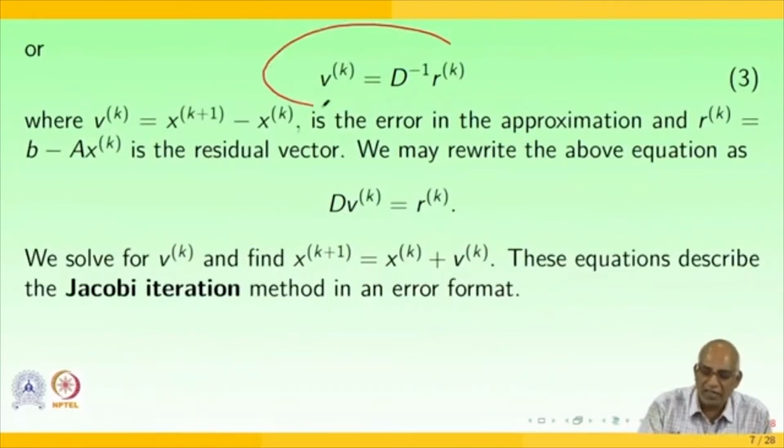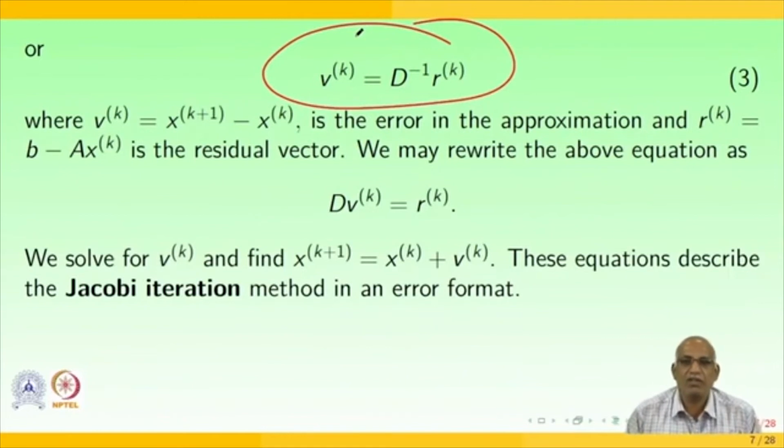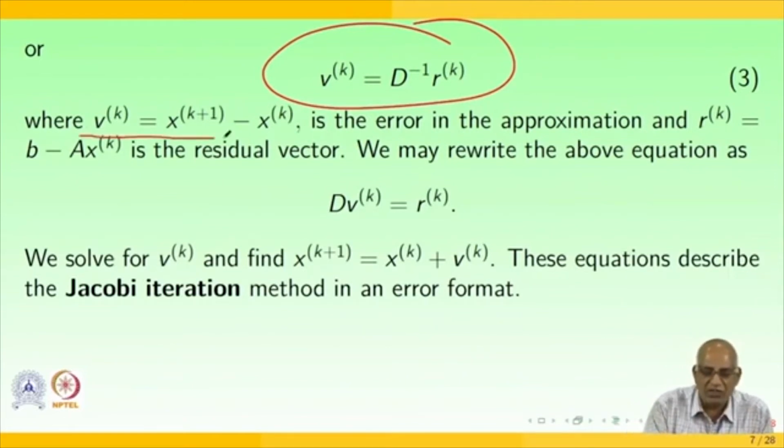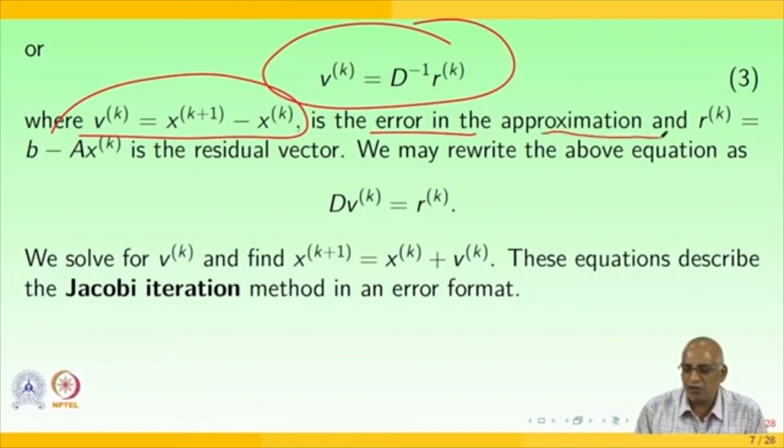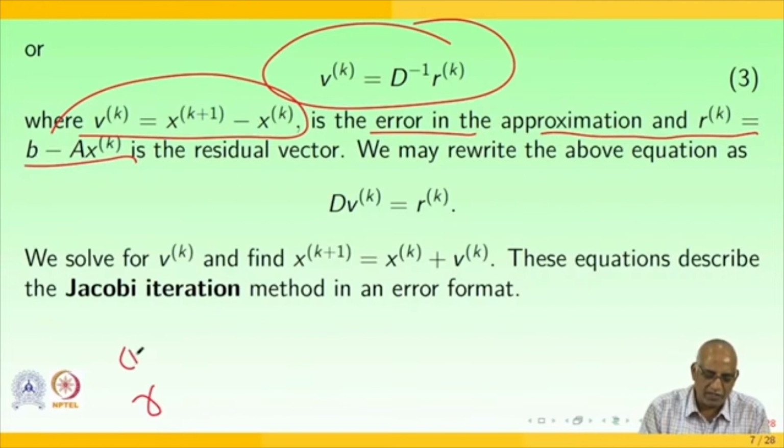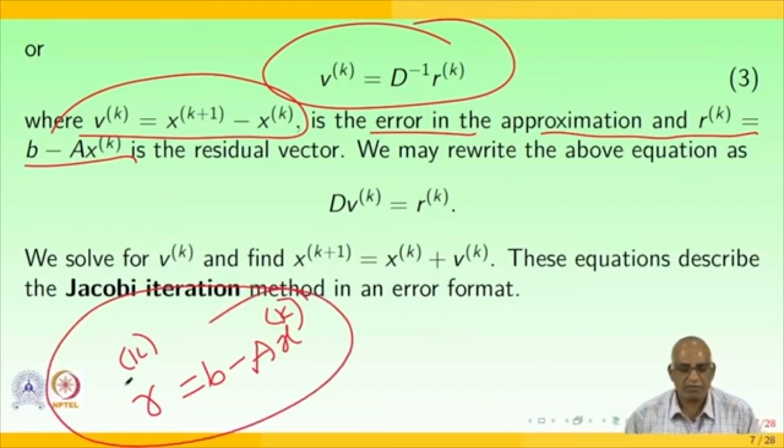Or we can write this as v of k is equal to D inverse of r of k, where v of k is equal to x of k plus 1 minus x of k, the error in the approximation, and r of k is equal to b minus A x k, the residual vector.